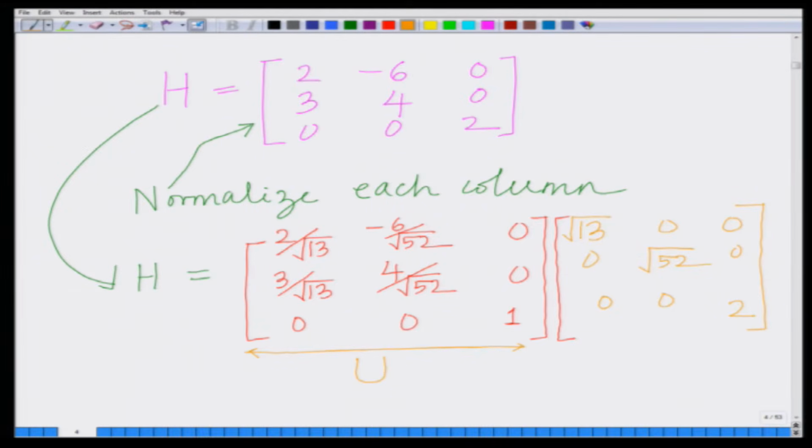Therefore, I need the first singular value as square root of 52, the second singular value as square root of 13, the third singular value as 2.